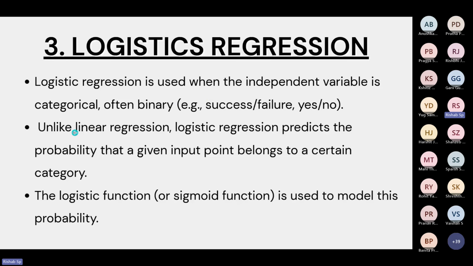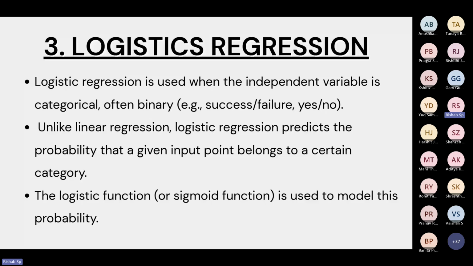Second point: in linear regression, the data can be anything, like 10, 100. The number of sales can be 100, 0, 1000, 2000. There is no end to it. But in logistic regression, we consider the probability.